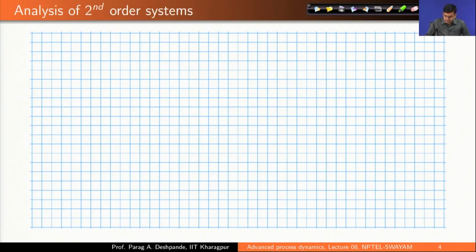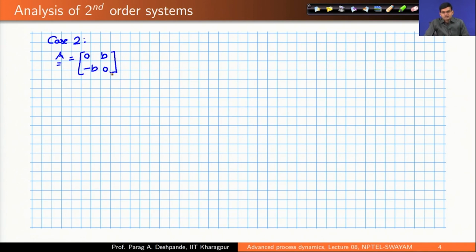Now, let us look into a particular form of the matrix A, where so we have case 2. So, we have A which is given as [0 b; minus b 0].